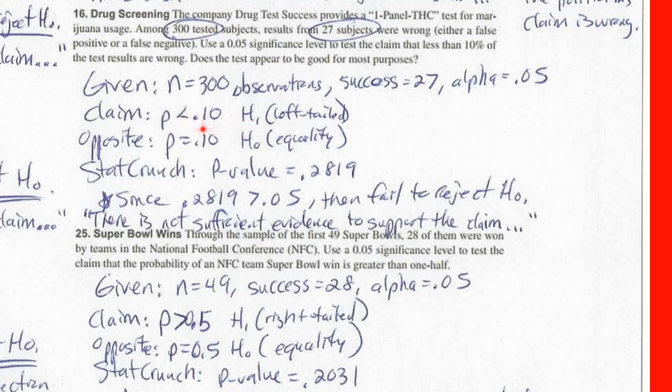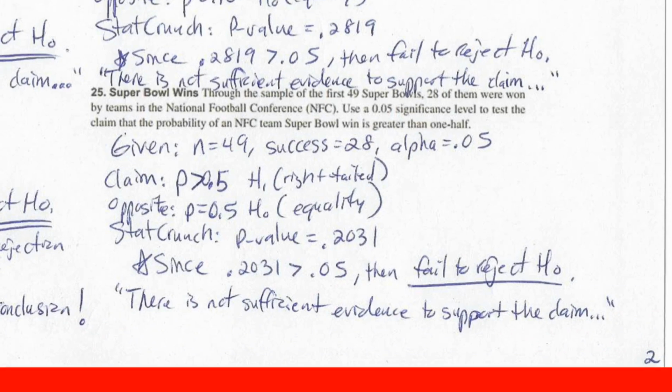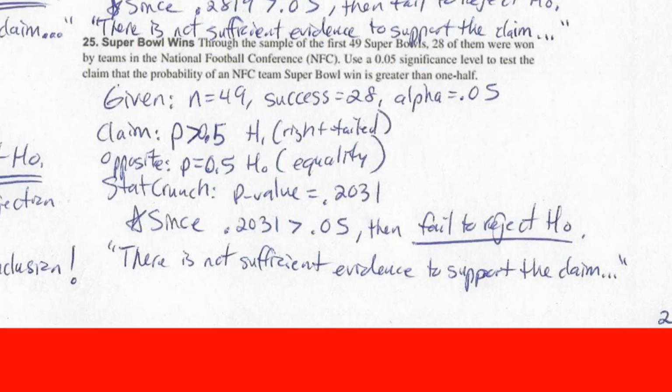So H0 is equality right here, and so we don't have enough evidence to support the company's claim. Or they don't have enough evidence to support their claim, using statistics. Okay, the next one.